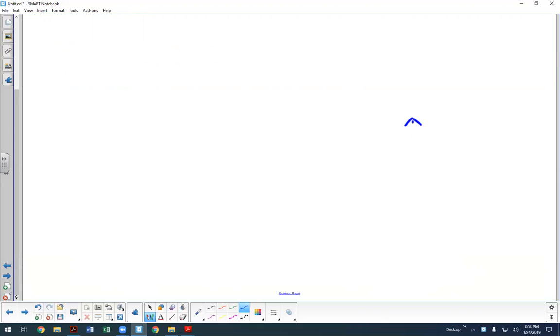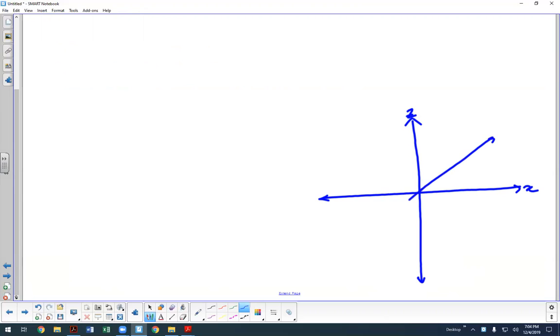Our vertical one is going to be the z-axis in this case. Horizontal is going to be x, and almost you can think at a 45-degree angle is going to be the y, okay?